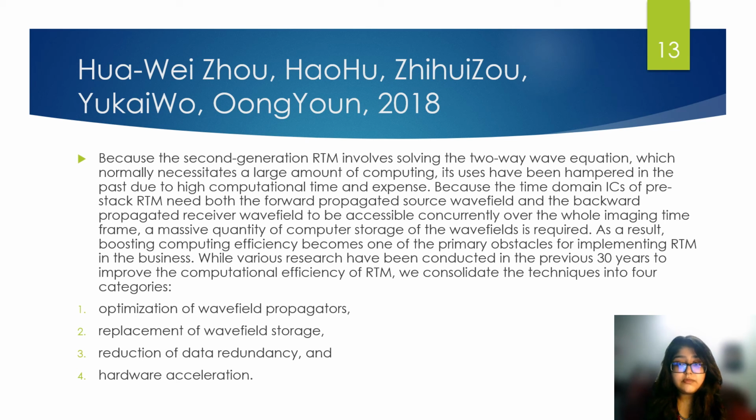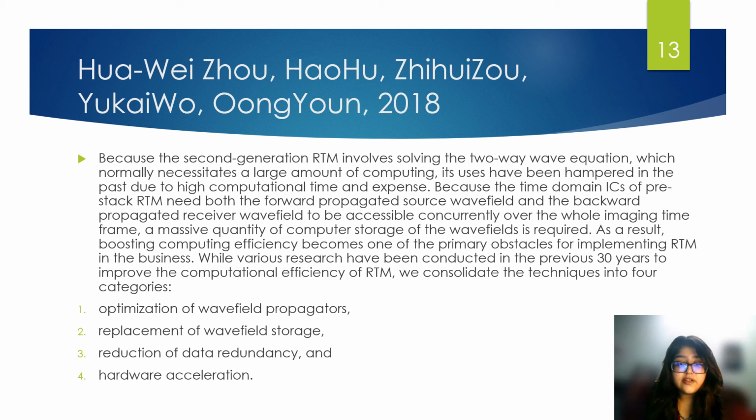The time domain ICs of pre-stack RTM need both the forward propagated source wave field and the backward propagated receiver wave field to be accessible concurrently over the whole imaging time frame. A massive quantity of computer storage of the wave field is required. As a result, boosting computing efficiency becomes one of the primary obstacles for implementing RTM in the industry.